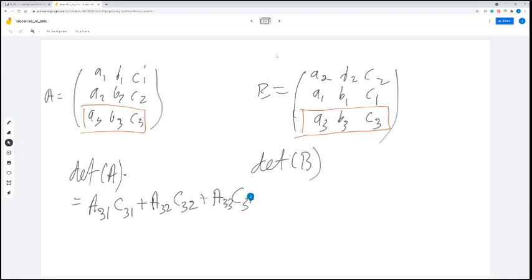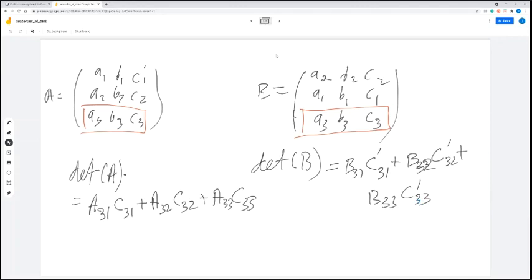And the determinant of B is going to be in the same way: B31 times C prime 31, plus B32 times C prime 32, plus B33 times C prime 33.